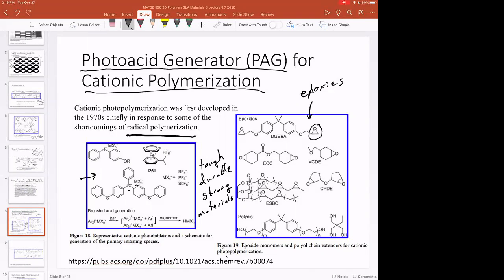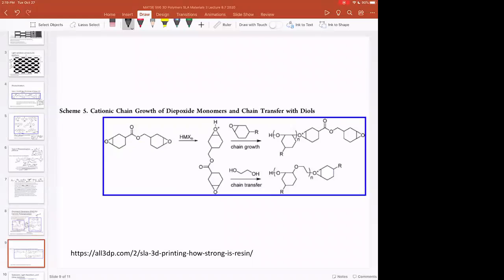So we won't go into depth into the chemistry other than to say this is our photoacid generator. This is our monomer or oligomer.